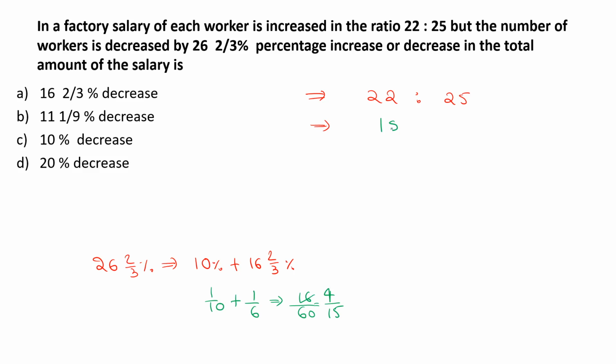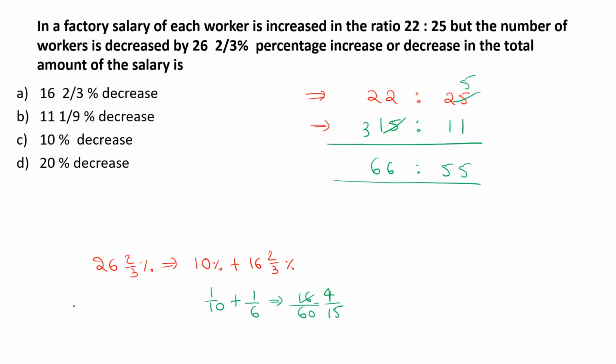Then the ratio of the number of workers will become 15:11. 4 was decreased out of 15, so 15 becomes 11. Just simplify the ratio. Then the total wages became 66 is to 55.